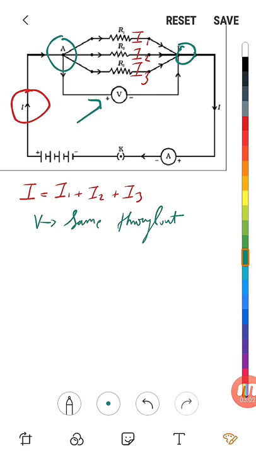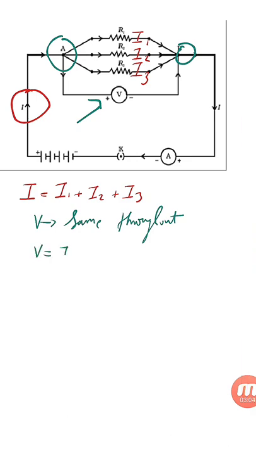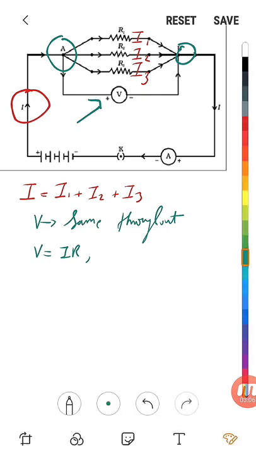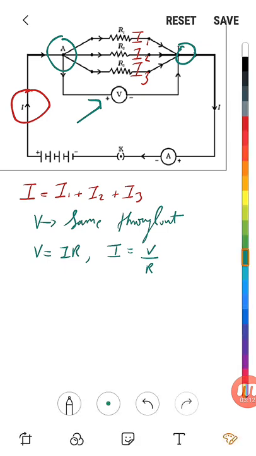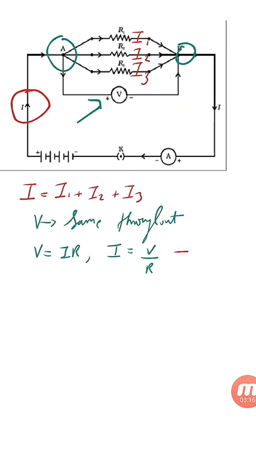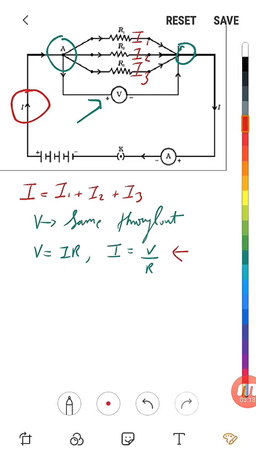Now according to Ohm's law, V equals IR. If V equals IR, then I will be V upon R. This is what we substitute for I in the above equation.